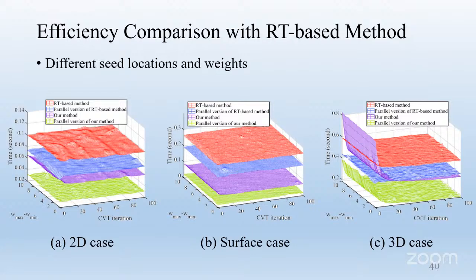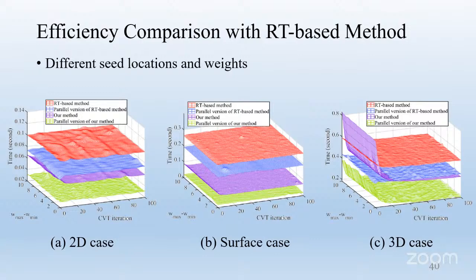We can see that the computation time of our method drops with the improvement of the seed uniformity, while the regular triangulation-based method remains stable, especially in the 3D case. However, our method has better performance for all the tests in the 2D and the surface cases. While in the 3D case, our method is more efficient only when the locations and the weights of the seeds become uniform.